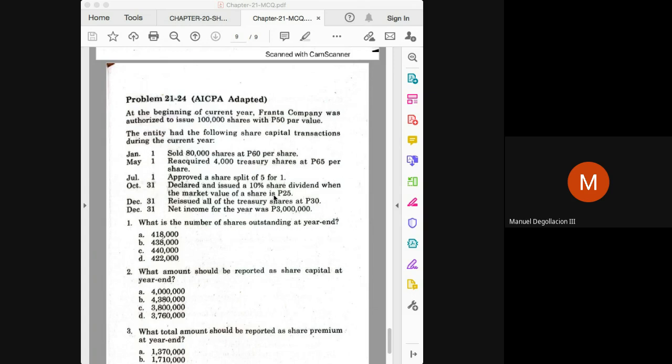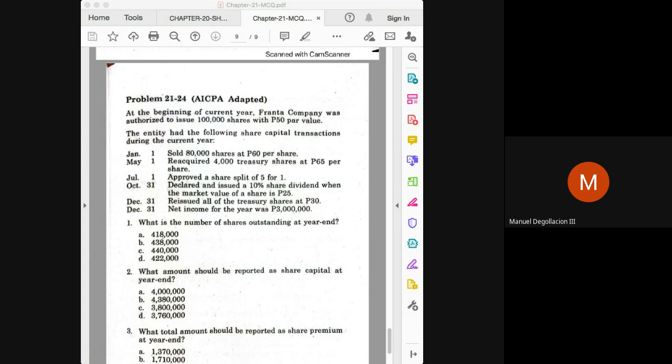Okay. So on January 1, we had 80,000, and then there was a stock split of 5 for 1.